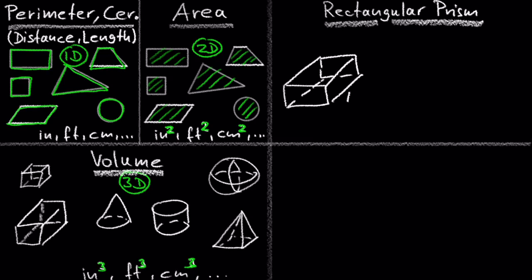The variable L is used to represent the length of a rectangular solid, W its width and H its height. Now, how to calculate the volume of this solid is simple. Just multiply the length by the width and multiply that by the height.